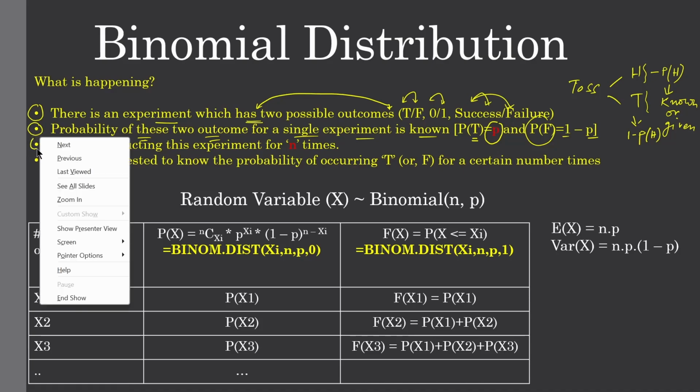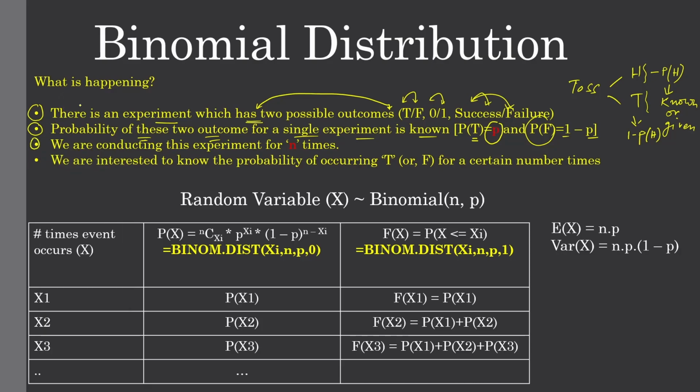Then what is point number 3? Point number 3 is we are conducting this experiment n times. Please understand very well. There are two possible outcomes for a single experiment. Probabilities of those outcomes are known for that single experiment. But now we are conducting that experiment n times. This is very important. This is the third criterion for binomial.